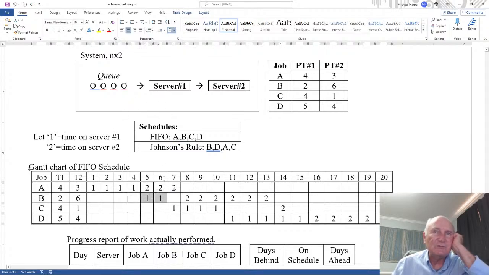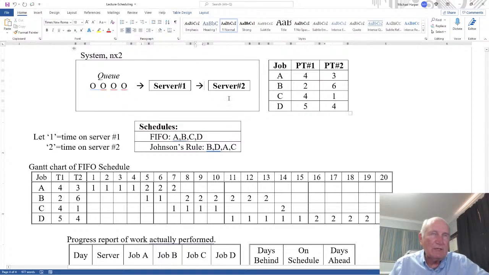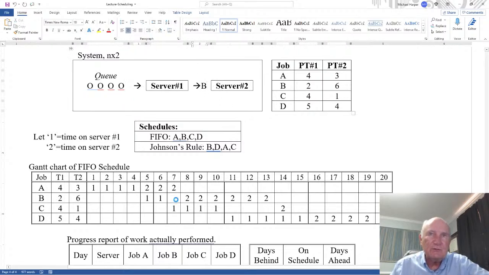But then when it's finished on server 1, we can see here it is done here. But notice server 2 is busy processing A. So server 2 cannot process 2 jobs at the same time. It's processing A here. So B has to wait in a queue in front of server 2 here for, let's see, 1 day.